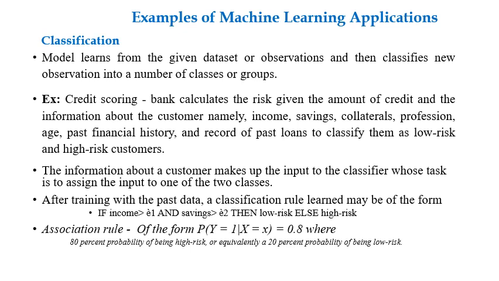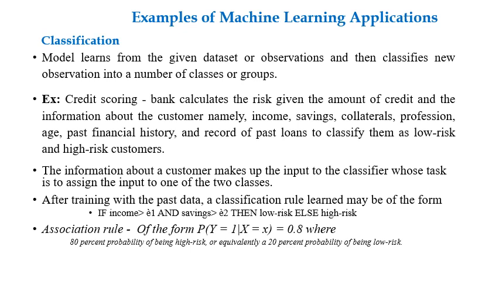Based on the customer's income, savings, collaterals, profession, age, and other attributes, the bank wants to classify whether the customer is a low risk customer or a high risk customer. This information about the customer makes up the input to the classifier, whose task is to assign the input to one of the two classes.